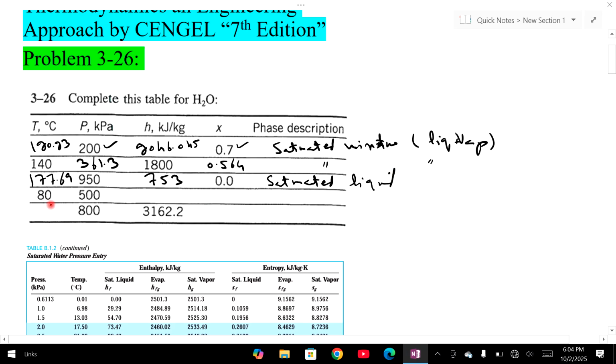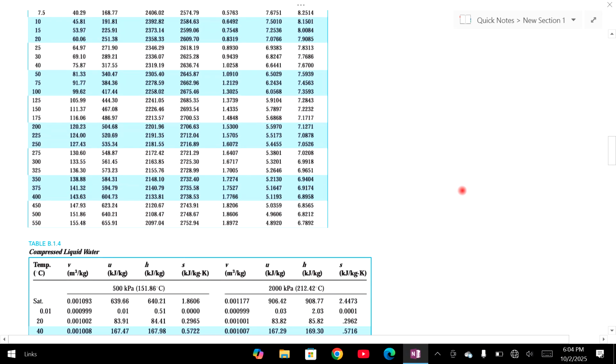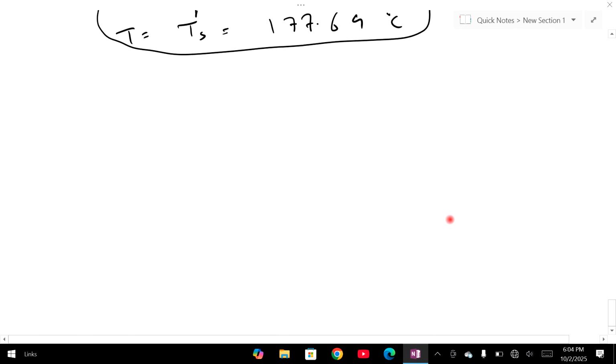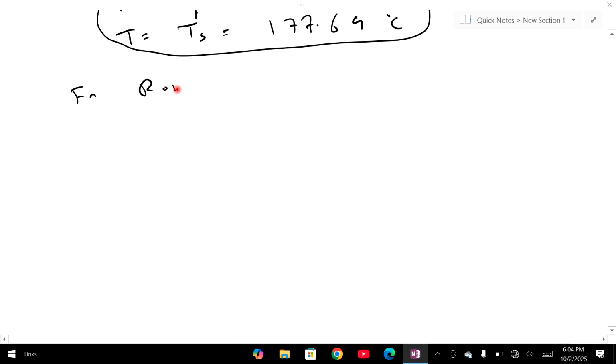Now for row number 4, temperature is given to us as 80 degrees centigrade and pressure is given to us as 500 kilopascal.